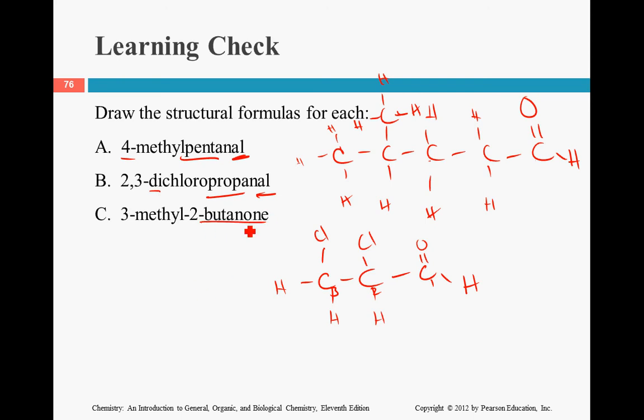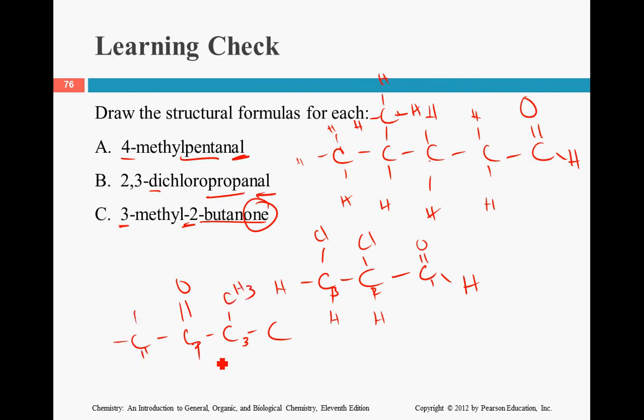And the last one, butanone, that means we have a ketone here rather than an aldehyde. On the 2nd carbon, 1, 2, there's a double bonded oxygen, and on the 3rd carbon, 1, 2, 3, there's a CH3.